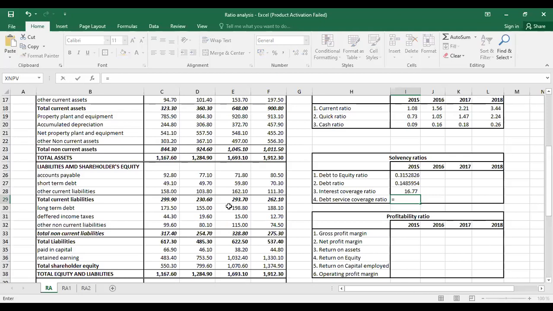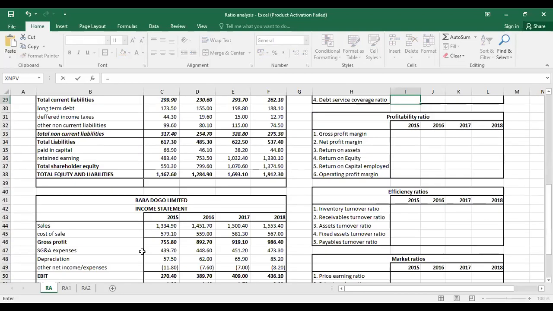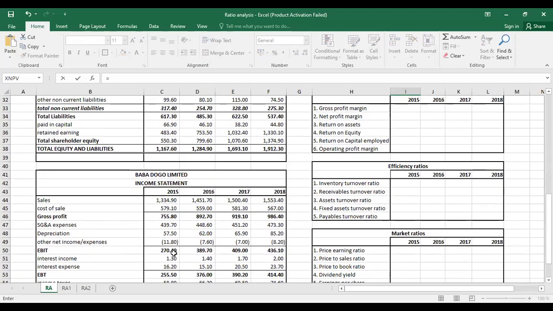So here it will be equal. We take our earnings from the income statement, so this one. Maybe we can start with brackets because something is wrong. Remember we must add the interest income, then we'll add also depreciation. The depreciation is in positive format, so it will just go in as it is.